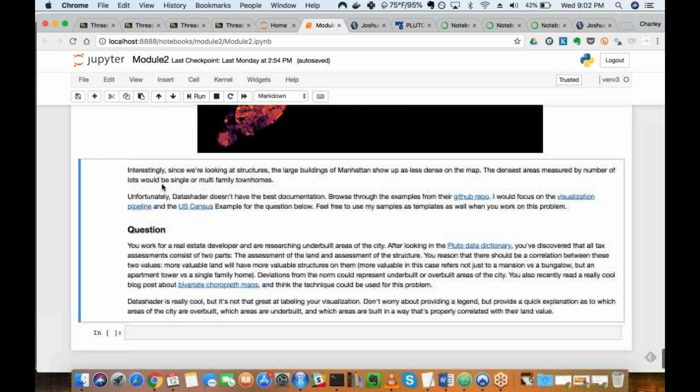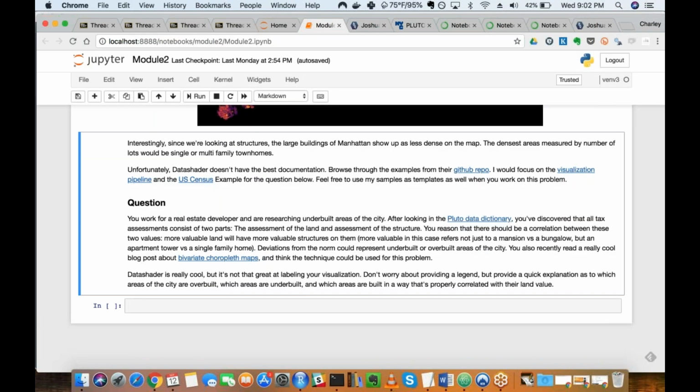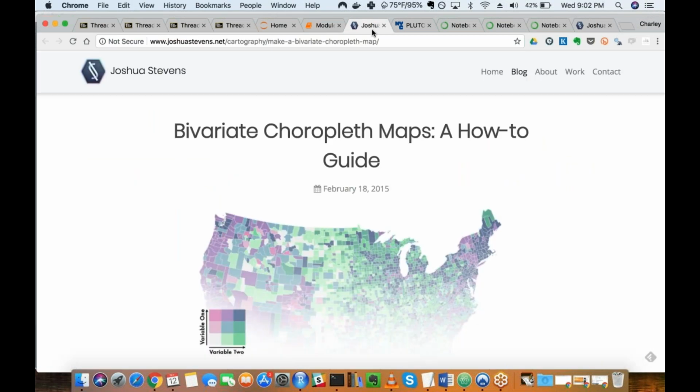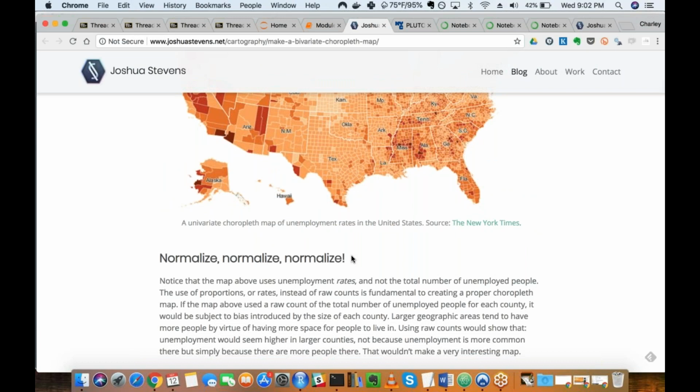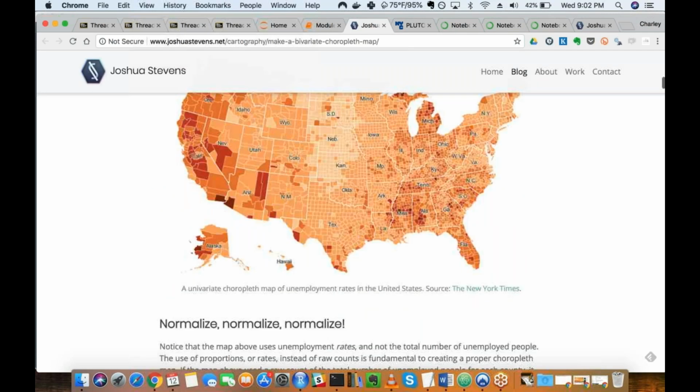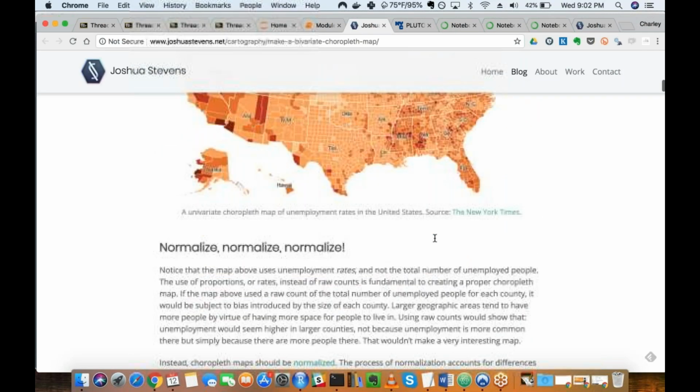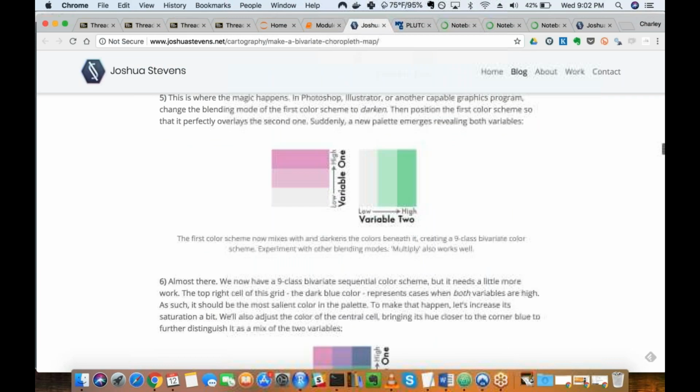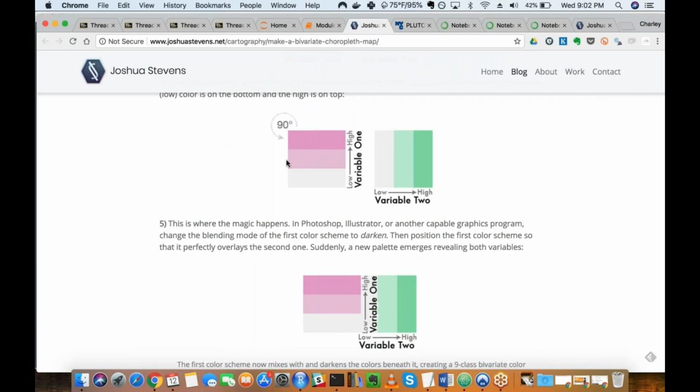So mapping that back to this question, what we're looking at with these bivariate color scales is essentially taking, in this case, two continuous scales, and turning that into, from Datashader's perspective, a single categorical scale.